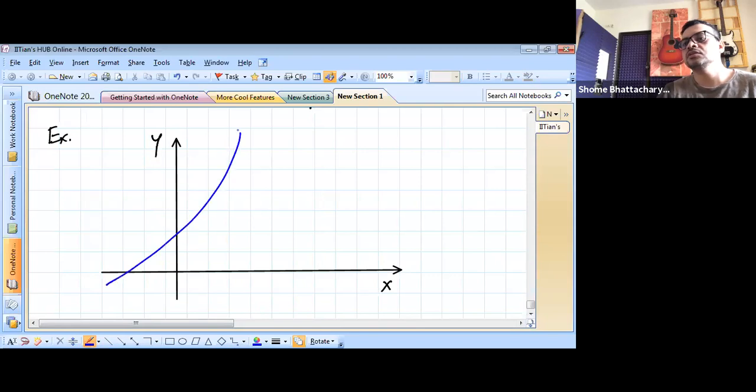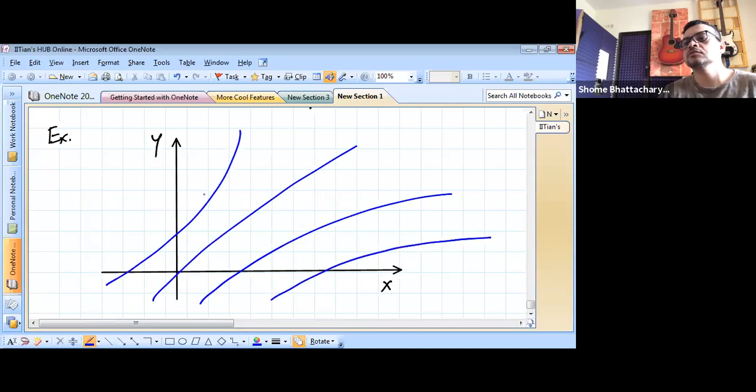So see, my electric field lines are something like this. And then I have kept a dipole somewhere like this.